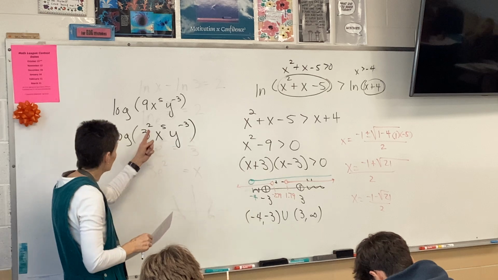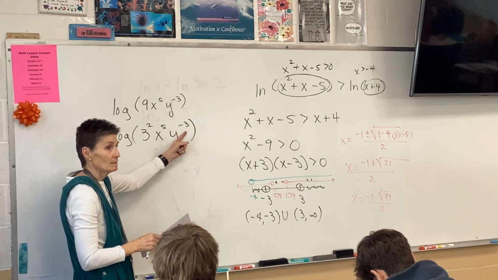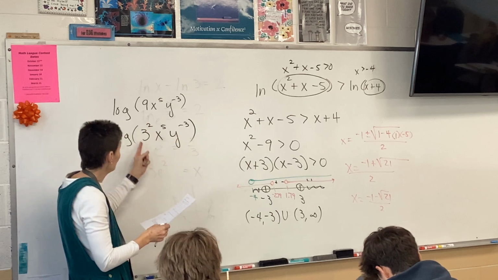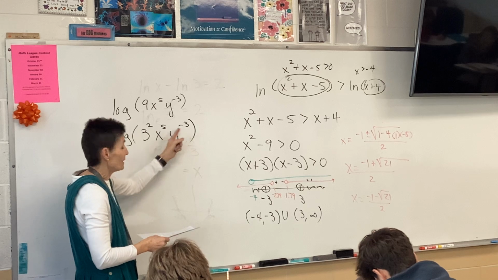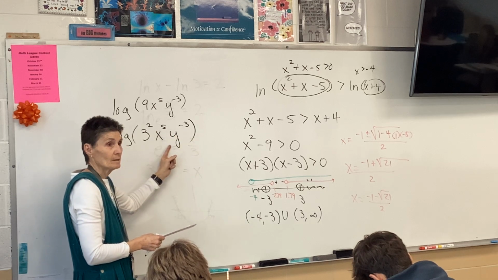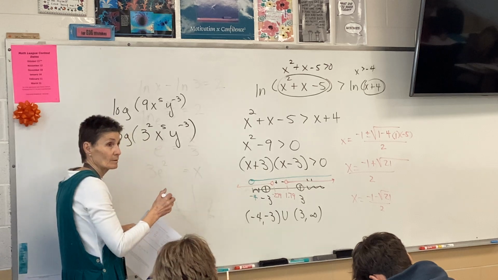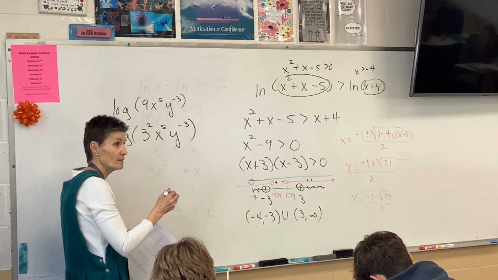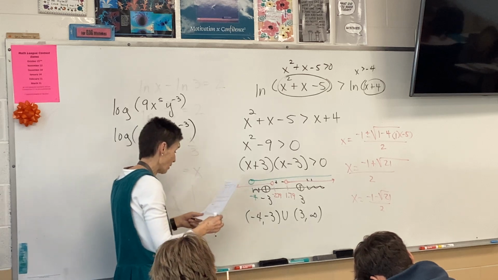And so aren't these numbers just going to be my A, B, and C? Aren't I going to have 2 log 3, 5 log x, and negative 3 log y, because exponents become coefficients? Do you know what I'm talking about? Okay. All right, problem C.